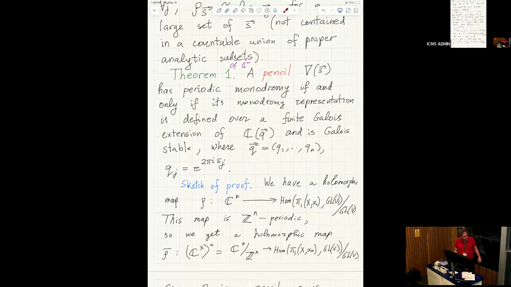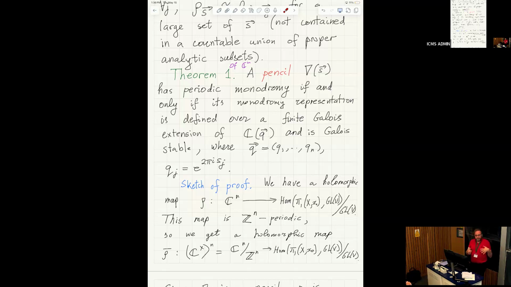If I just write the differential equation df/dz equals s times A(z) times f, and this equation has rank more than 1, you should not expect that the monodromy is going to depend on e to the 2 pi i s.